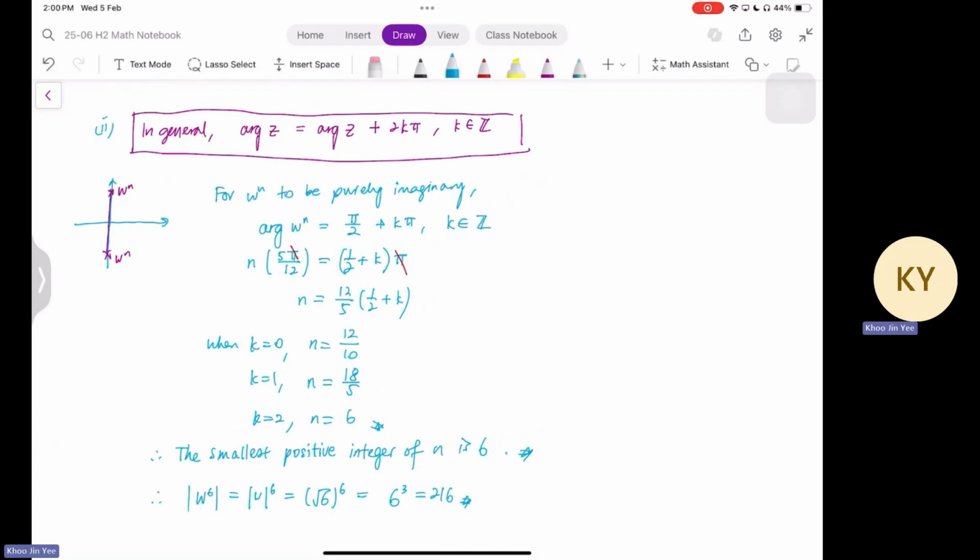So this one over here is the special thing for this question. Same concept: if w to the power n is purely real, or it is a real number, same, argument is 0 plus or minus k times pi.